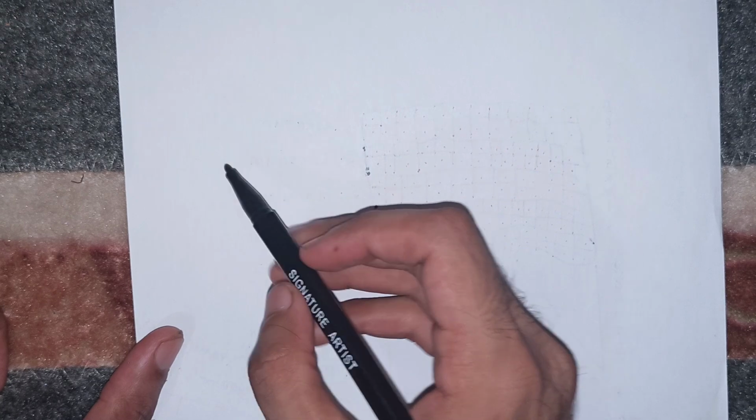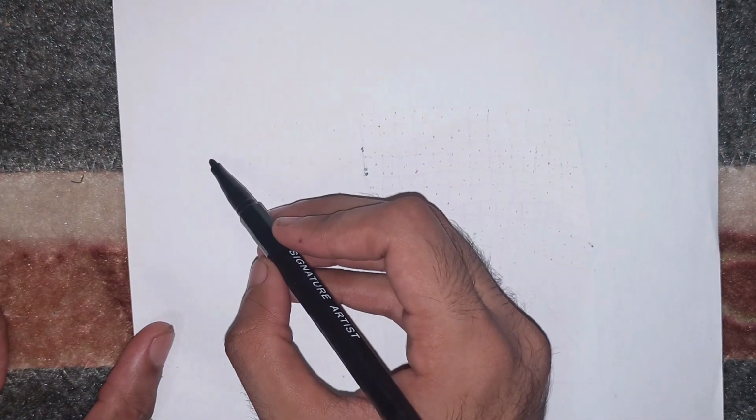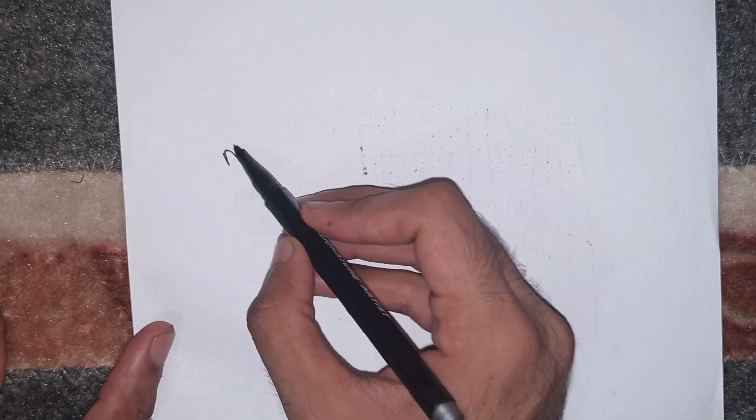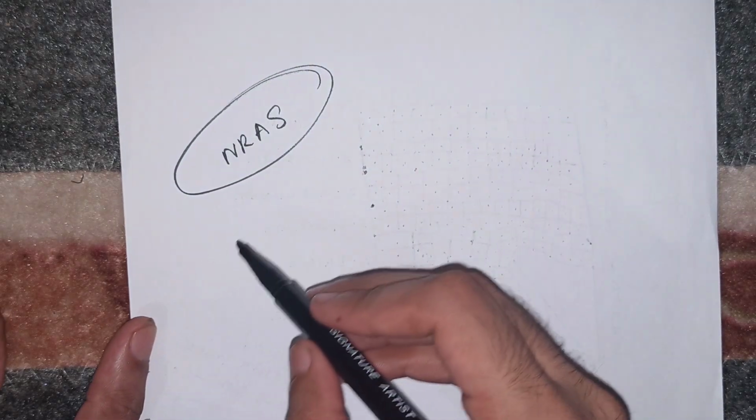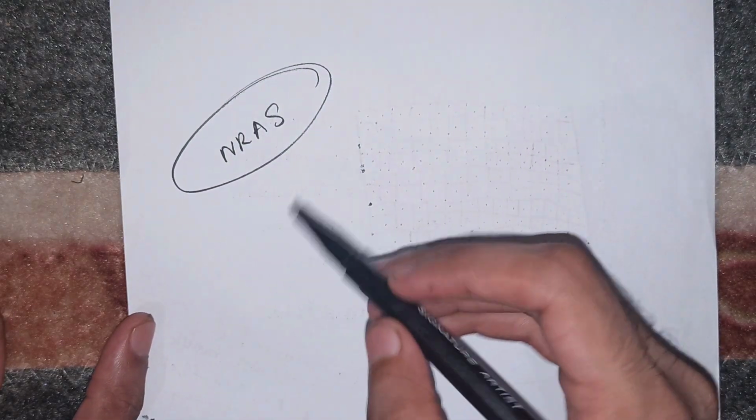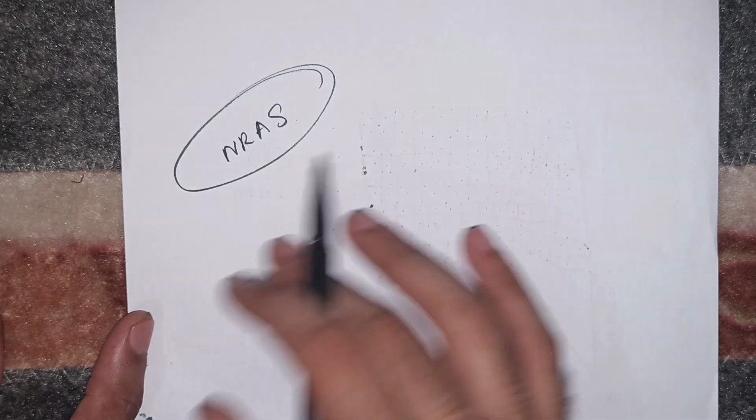Let me explain to you quickly the pathogenesis of melanocytic nevus. What happens is, there is actually the NRAS pathway. Obviously, it requires a separate lecture to discuss this pathway completely.